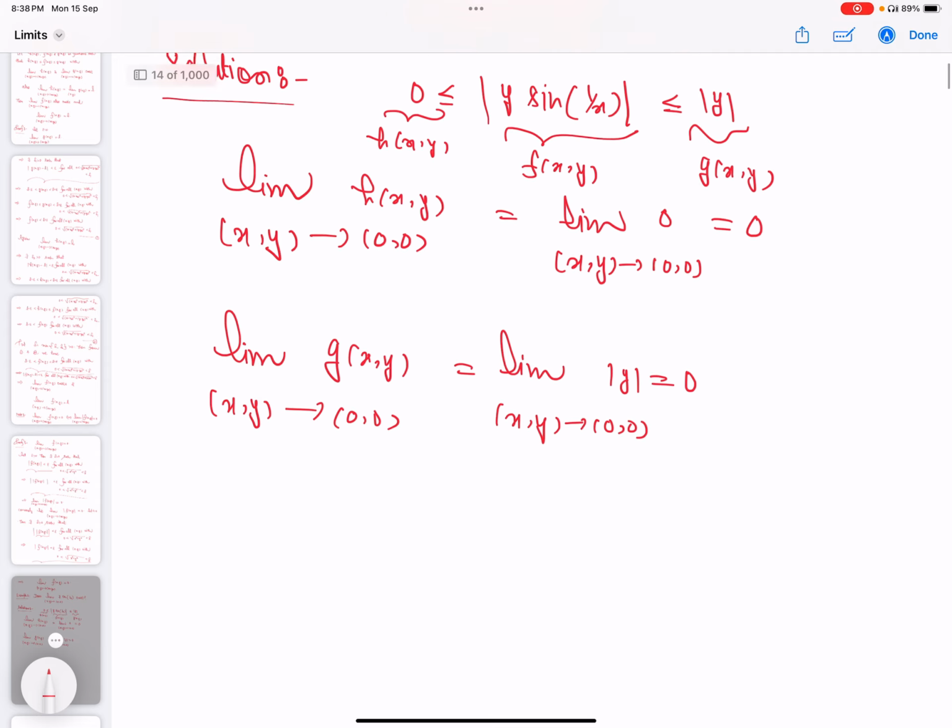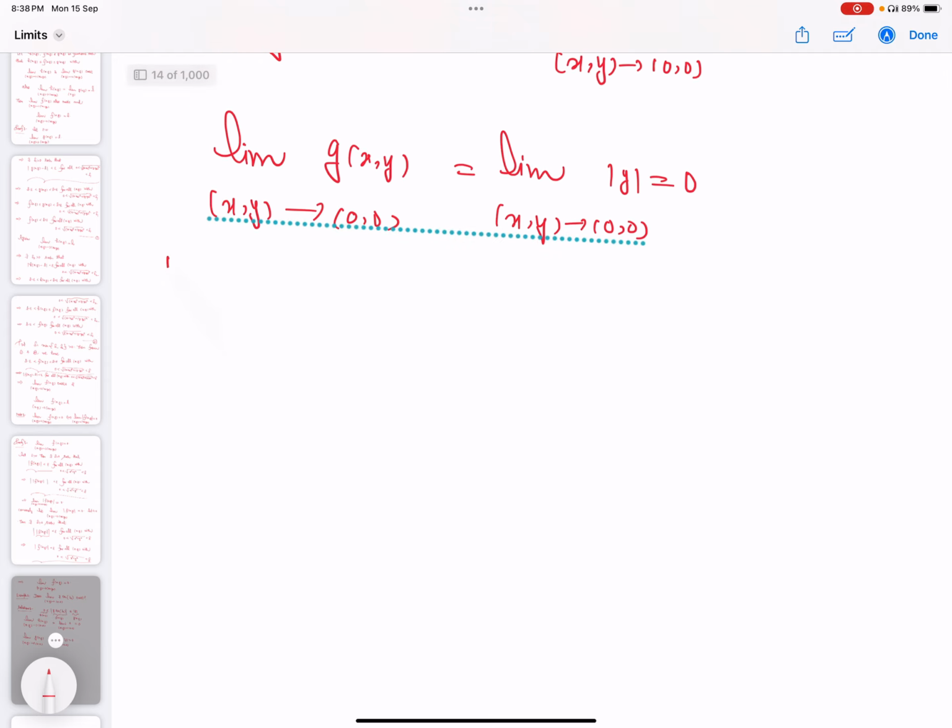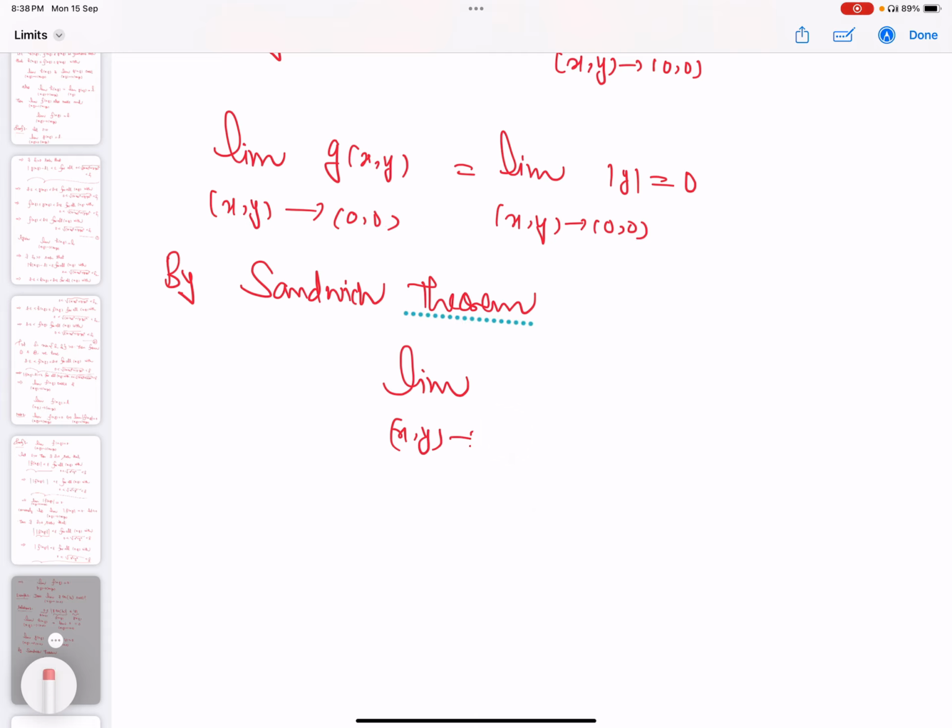So by the sandwich theorem, the limit as (x,y) tends to (0,0) of the modulus of y sin(1/x) is 0.